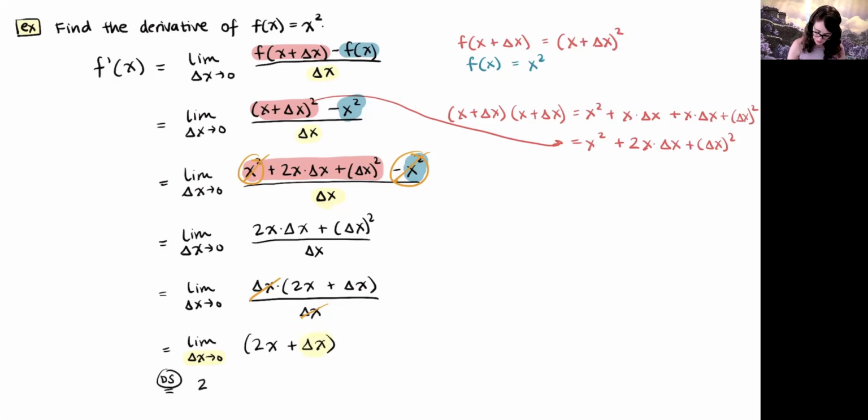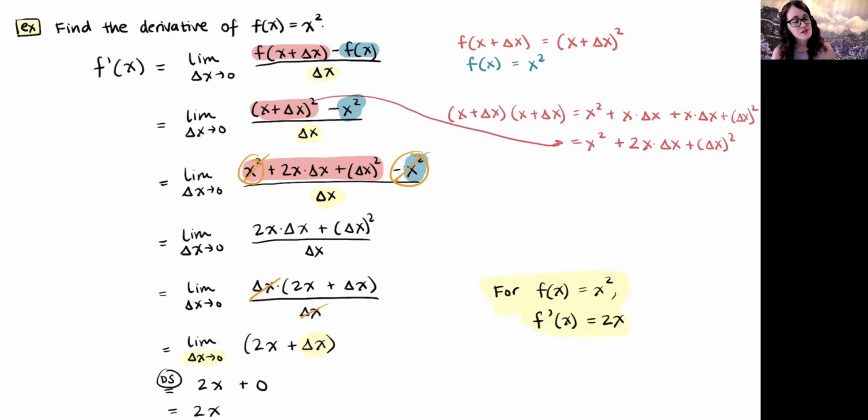So this is going to end up being 2x and then plus 0, which is just 2x. And so that's the derivative. Okay, so for f of x equals x squared, what we found is that f prime of x, the derivative, is equal to 2x. Right, so these go together. The derivative of x squared is 2x.